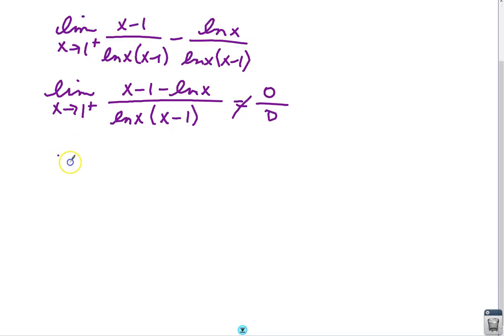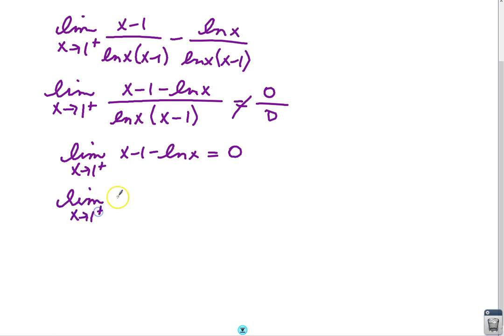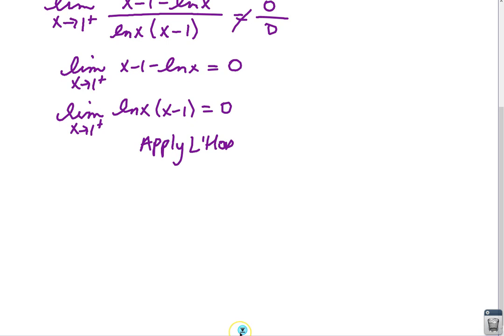So we're going to say the limit as x approaches 1 from the positive of x minus 1 minus natural log of x equals 0. Okay, so then when I apply L'Hopital, x approaches 1 from the positive.